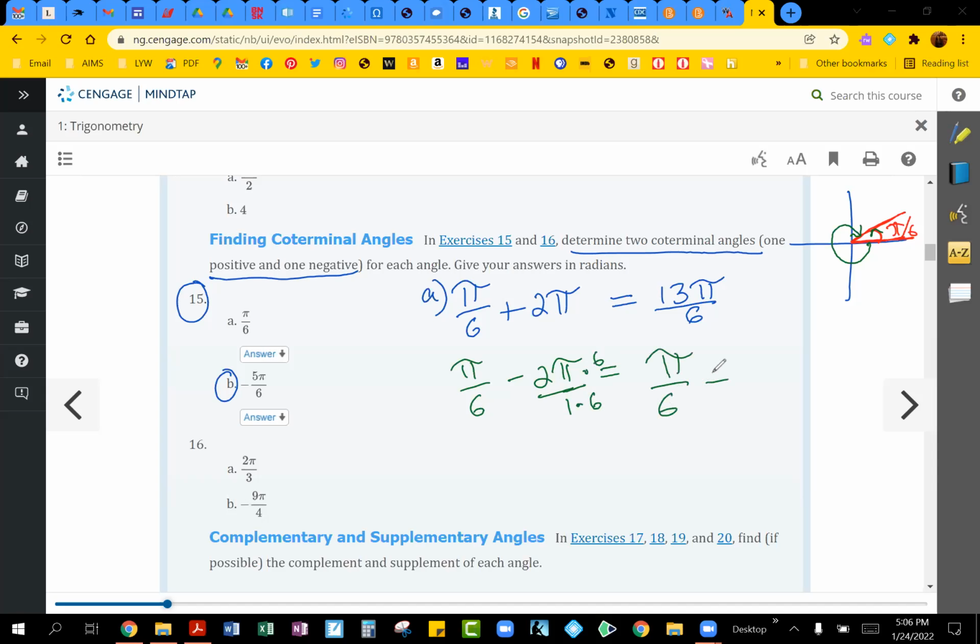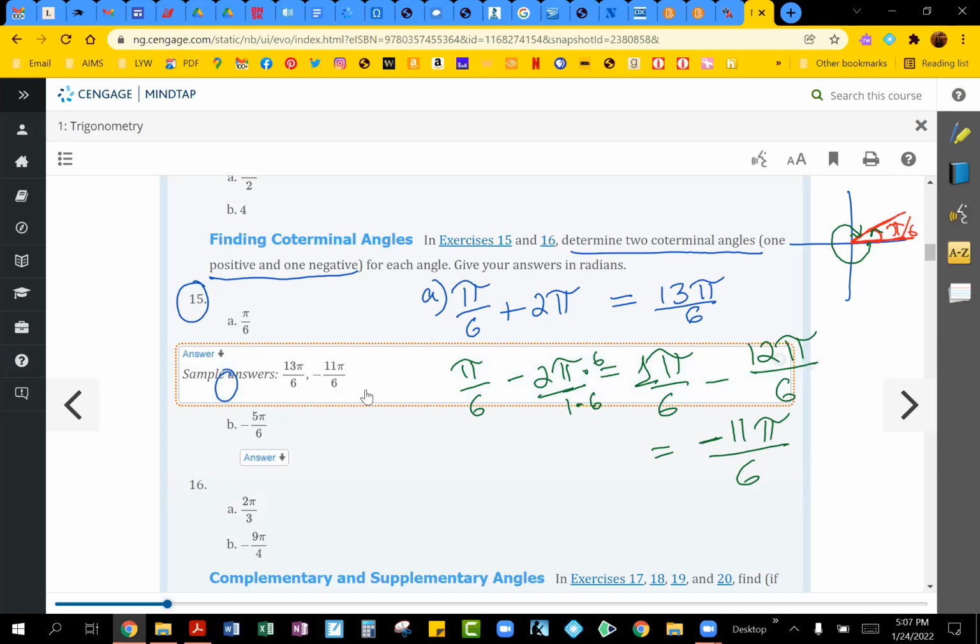Pi over 6 will stay the same. 2 times 6, of course, is 12. So you have 12 pi over 6, and now you are subtracting. Keeping that common denominator, you've got 1 pi minus 12 pi, which will end up giving us negative 11 pi over 6, and that can be our negative coterminal angle.